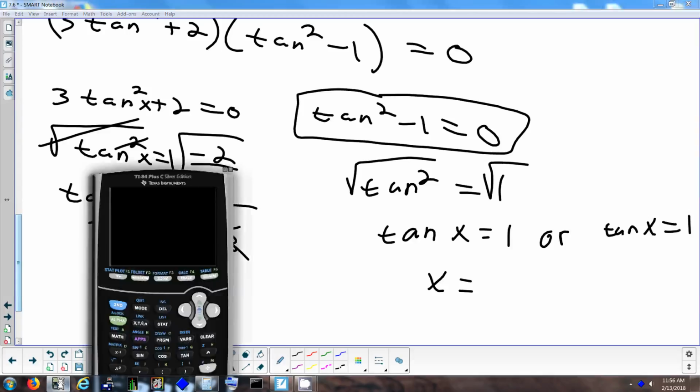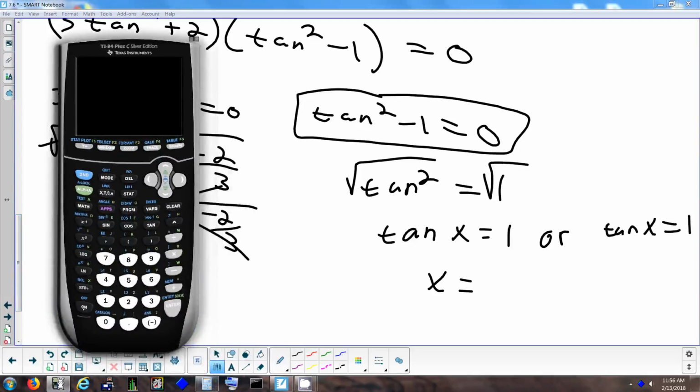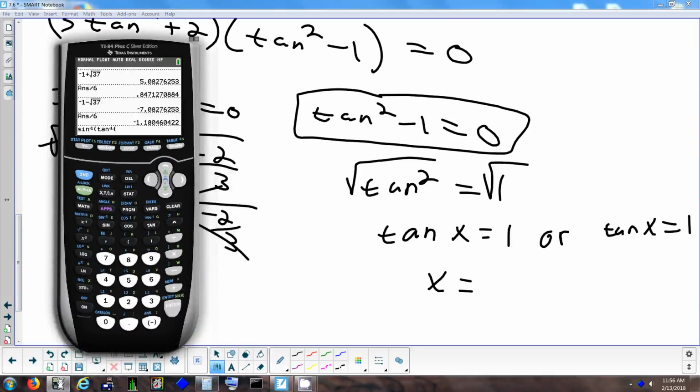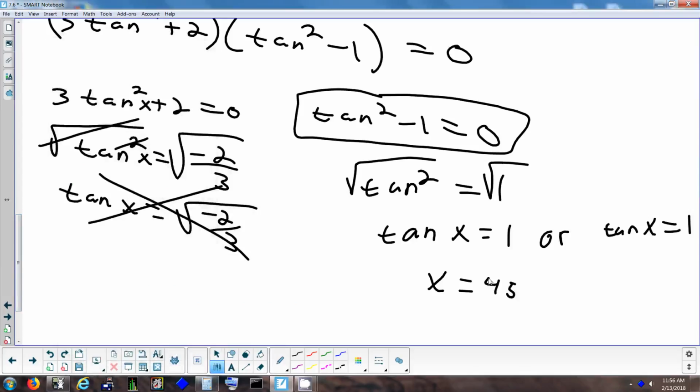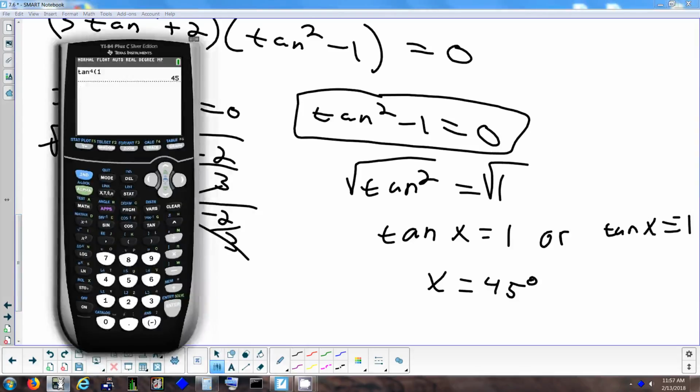Okay, so let's do inverse tangent of 1. Inverse tangent of 1 is 45. Or do the inverse tangent of negative 1: negative 45.